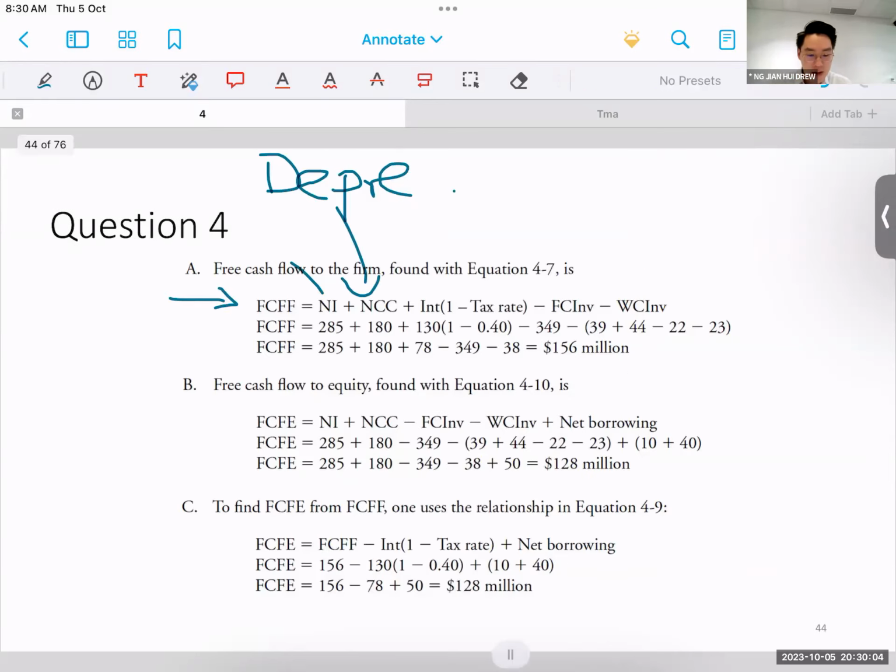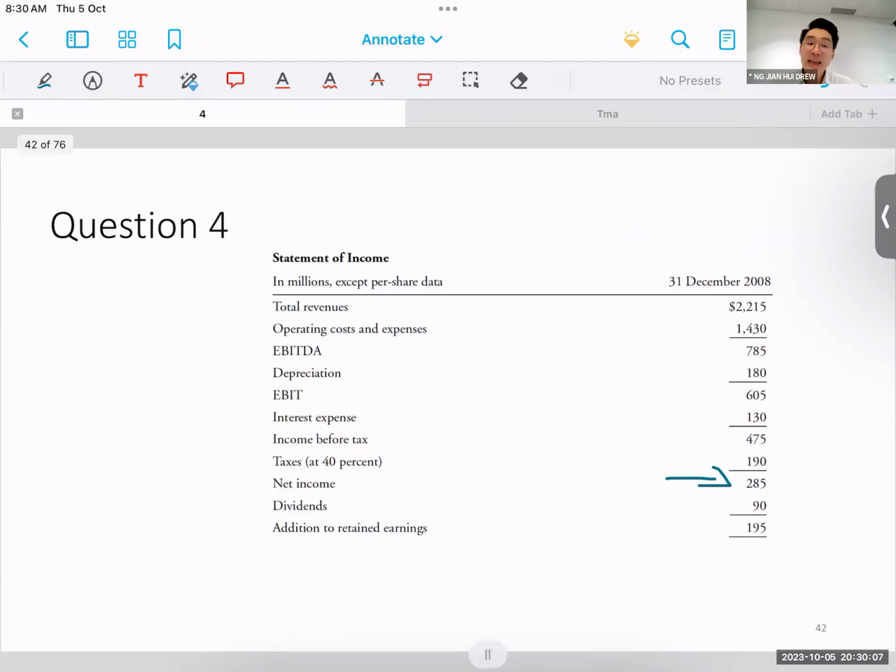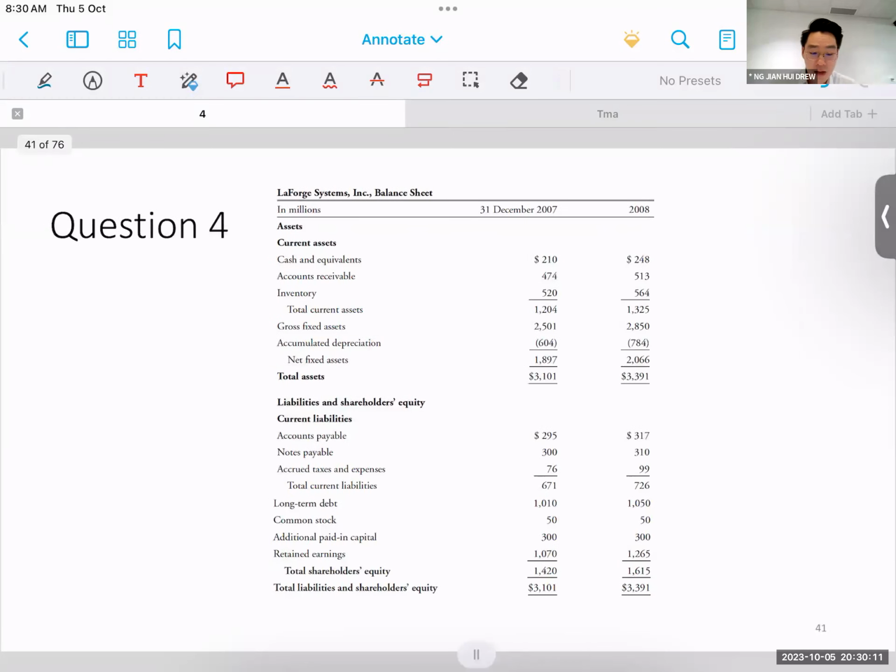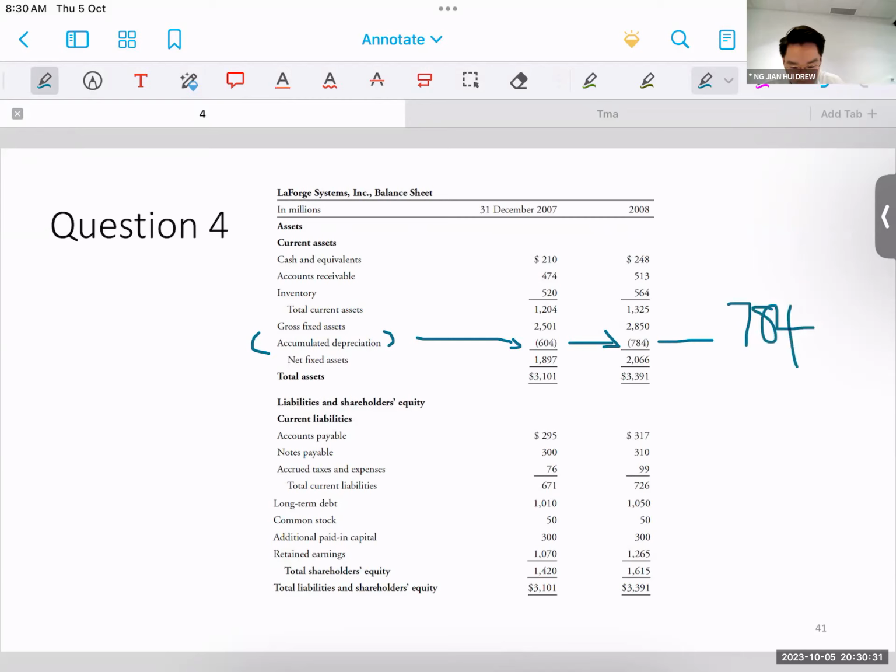All right. Now, in case you don't want to use the cash flow statement, we can use the balance sheet as well. But for the balance sheet, we need to do some calculations. Let's see where. Here, can you see accumulated depreciation? Can you see the accumulated depreciation increased by how much? 784 minus 604.